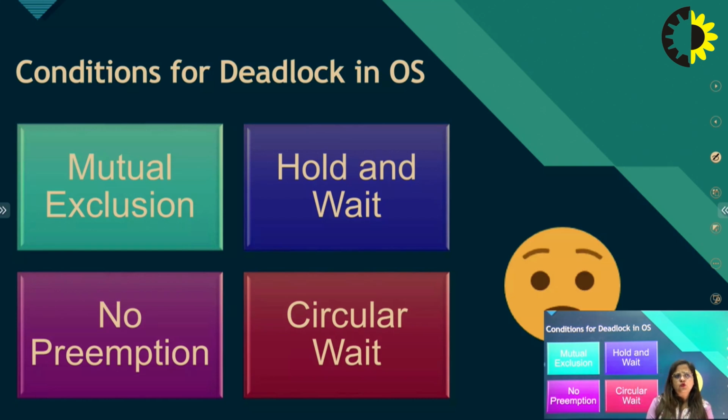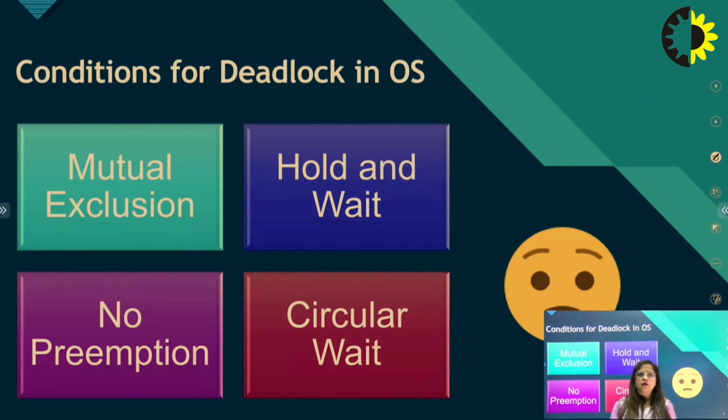What is mutual exclusion? Here resources are not shareable. It means a resource can be used by only one process at a time. The second one is hold and wait. It means one process holds one resource and waits for another resource.